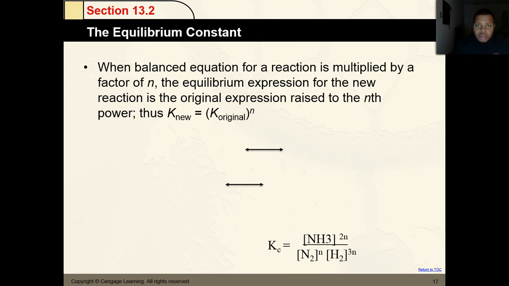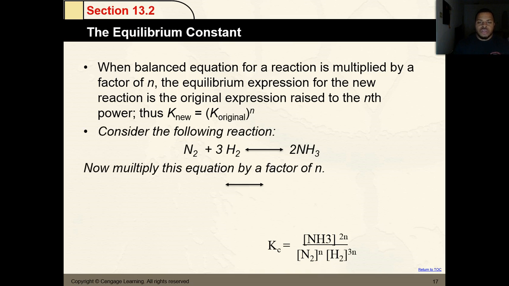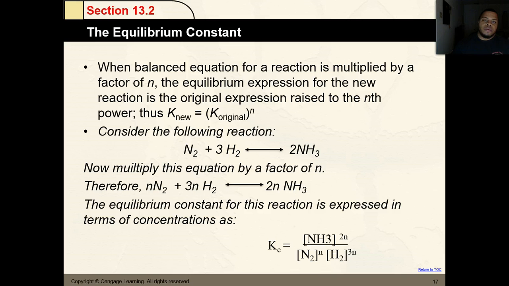So when we're dealing with a balanced equation, let's go ahead and walk through this one a little bit. Now, if we have an equation and we're going to adjust the equation, so we're multiplying it by a factor of n, the equilibrium constant for the new reaction is going to be the original expression that we had raised to the power of n.